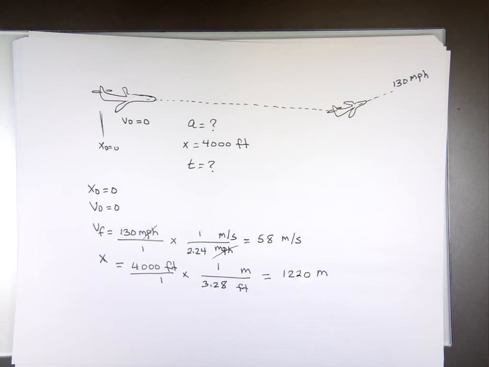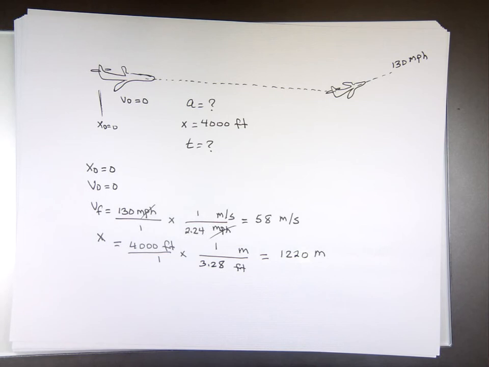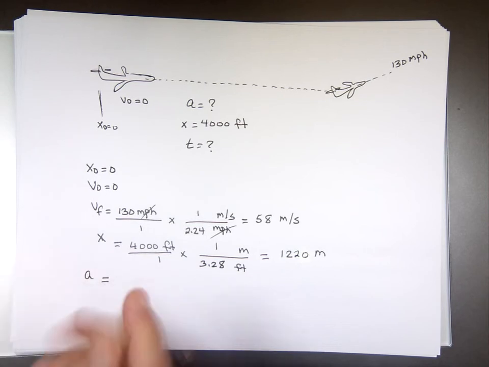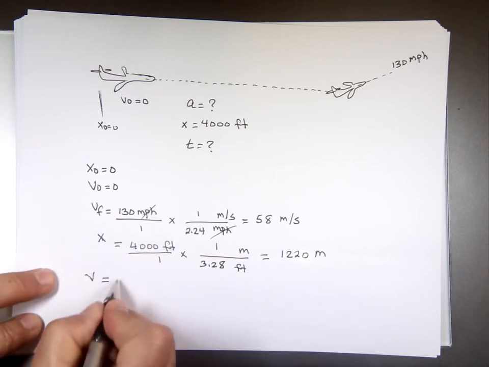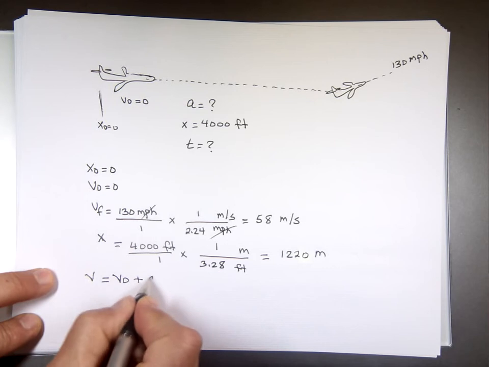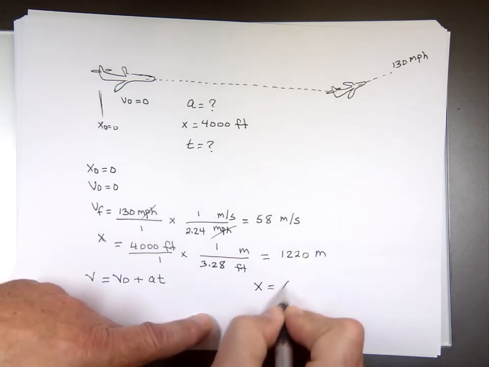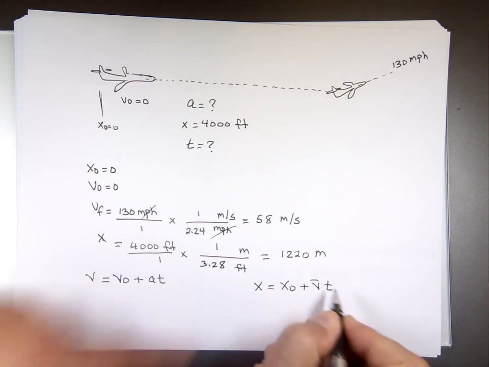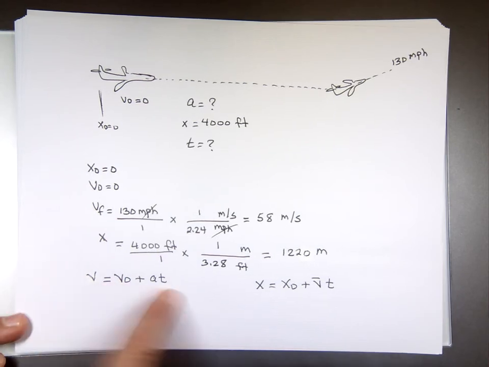Now again, I'm looking for the acceleration, I'm looking for the time. Let me write my 2 equations. Let's look at this equation. Can I use that equation? Let's write what we know.